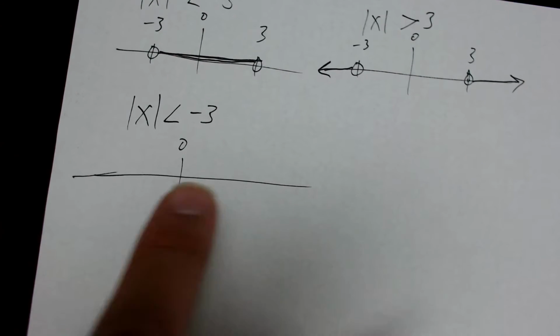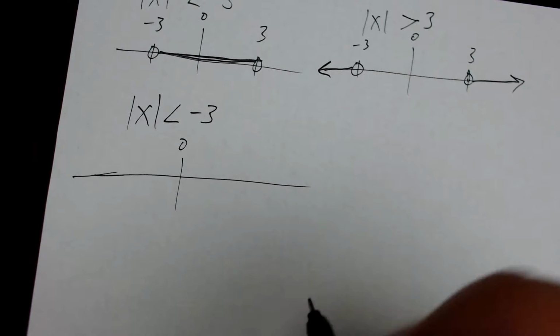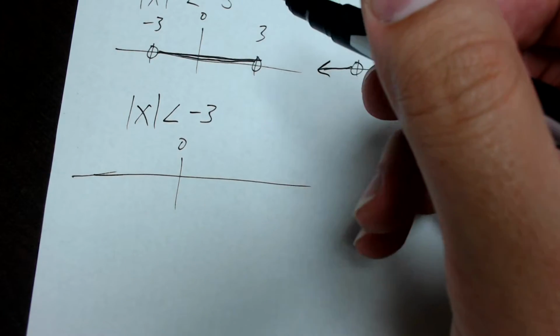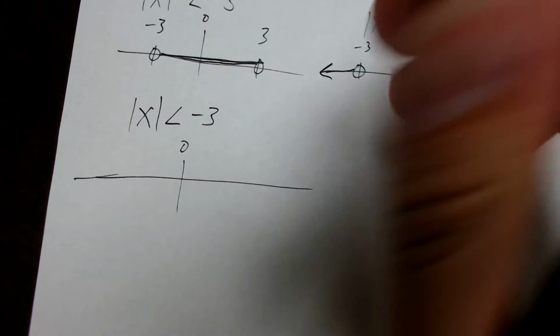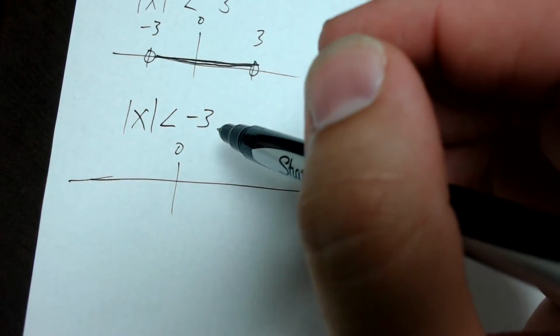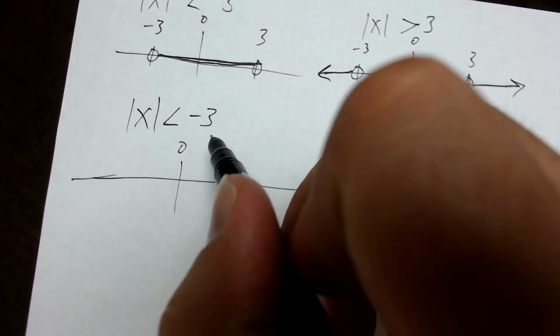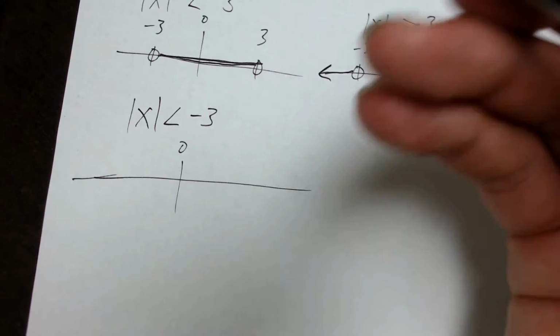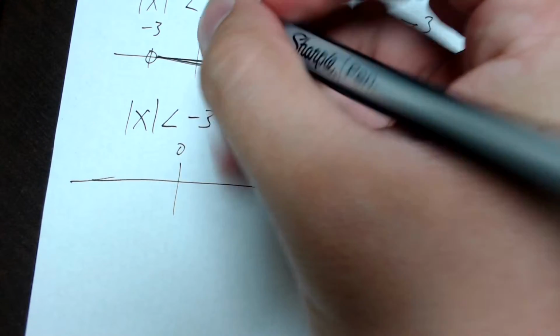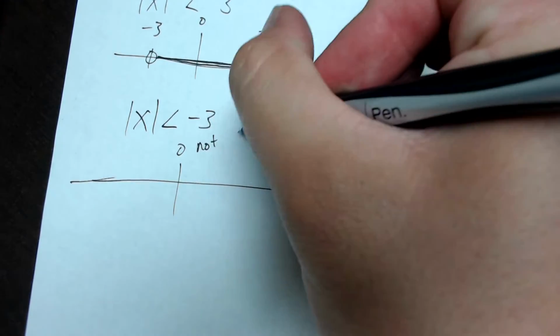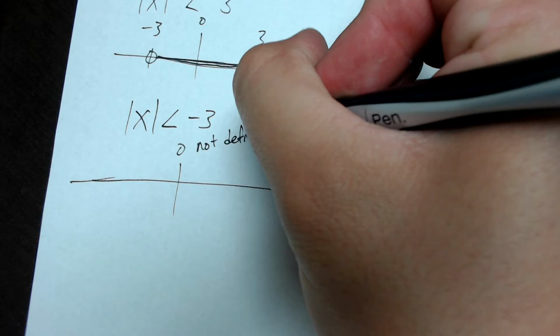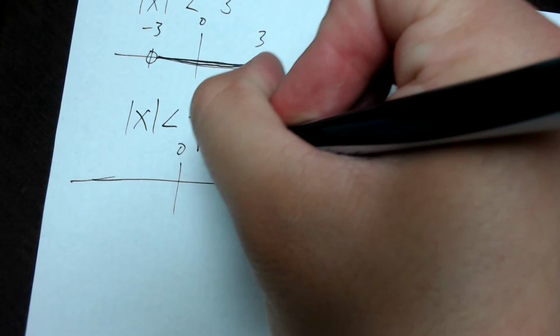However, since it's negative 3, no absolute value can be a negative number and hence less than negative 3, so this one is not defined. Or undefined.